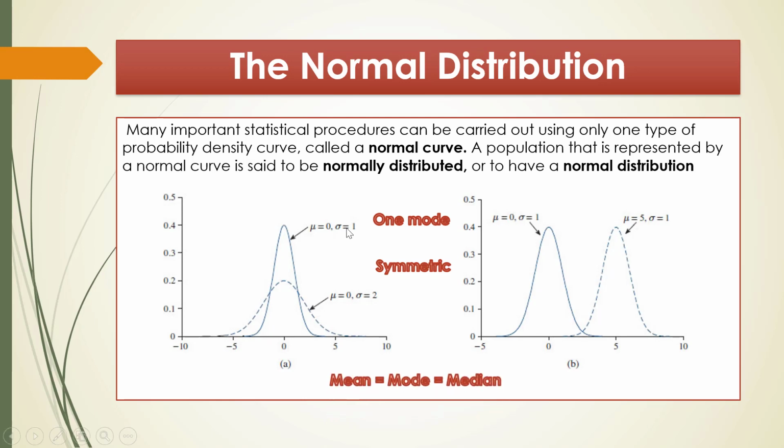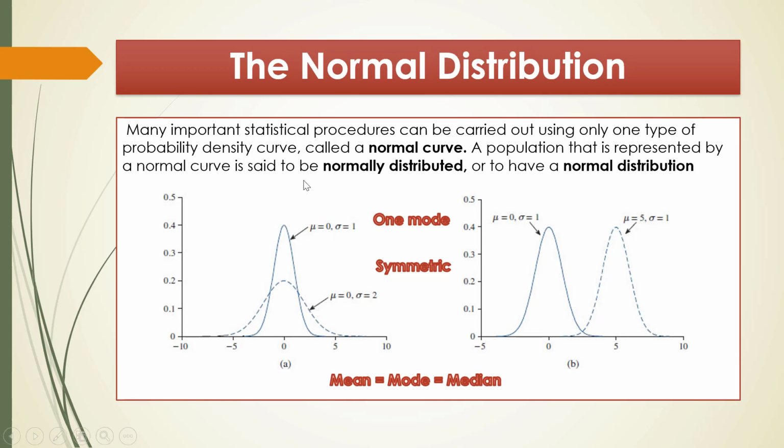And since the normal curve has only one mode and it is symmetric, the mean, the mode, and the median are the same. So those are the first 3 properties that make the normal curve stand out from the general density curve.